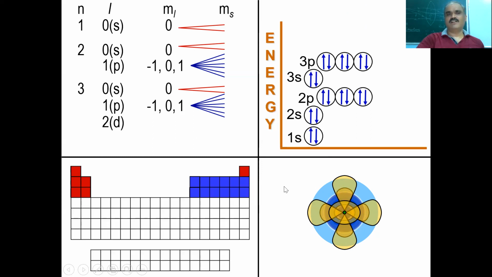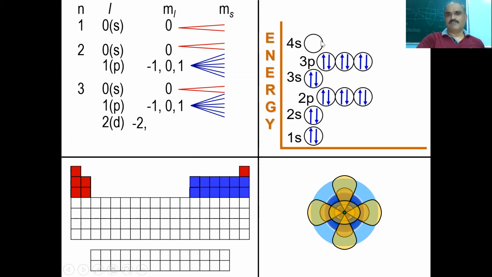Now, D subshell. D subshell, when the value of L is 2, the value of M will be -2 through 0 up to +2. There are 5 values. But you must remember that the energy of 4s is lesser than 3d.